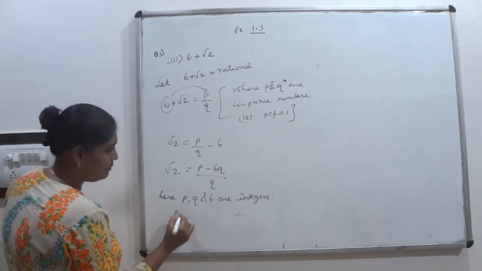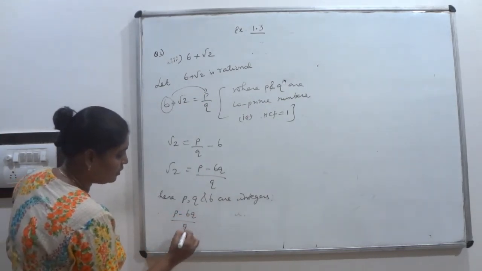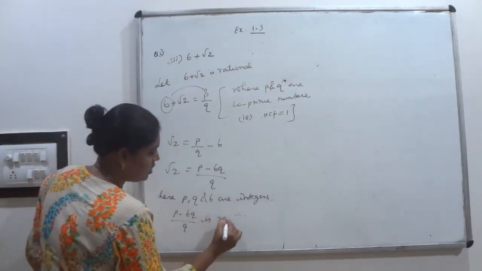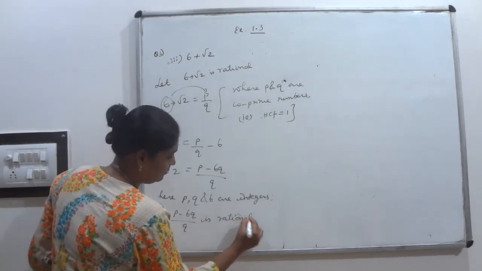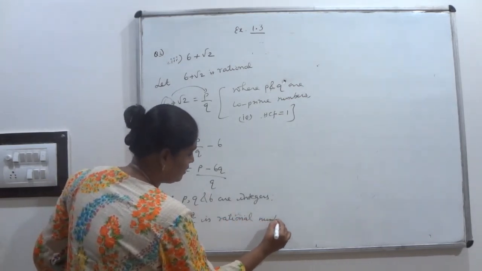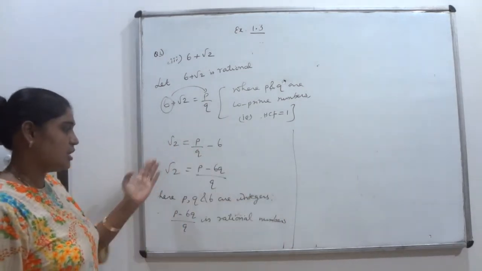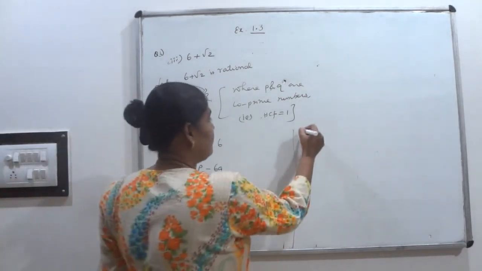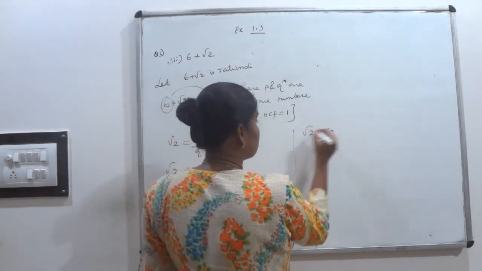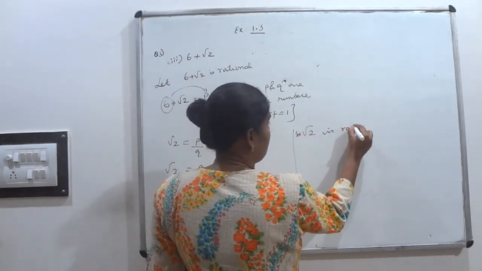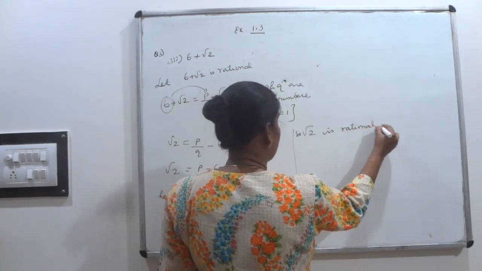Therefore, P minus 6Q upon Q is a rational number. So if this is rational, root 2 is also rational. So root 2 is a rational number.